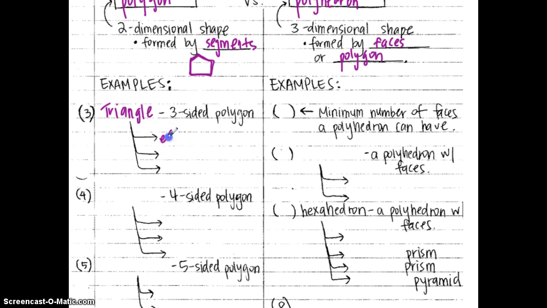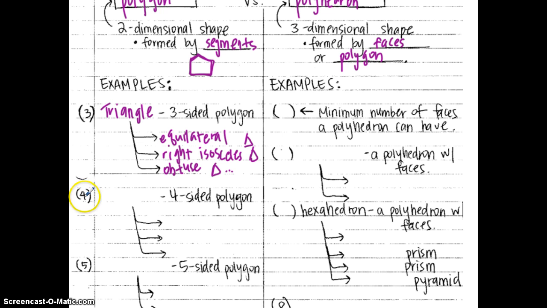You can have an equilateral triangle, a right triangle, a right isosceles triangle, or an obtuse triangle, and so forth. There are more.